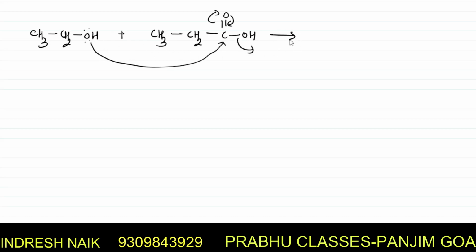So finally, in one step, I am going to show you what kind of ester is formed: CH3 CH2 C double bond O, then O CH2 CH3. This is the product you are going to get. So the name of this compound will be what? We name this part first.